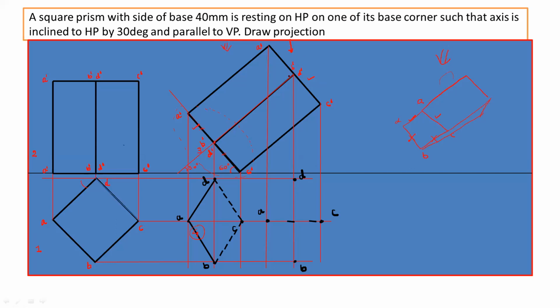That means all the edges are visible from the top view. So here AD, AB, BC and DC will be continuous thick lines, that means visible lines. So join these points by continuous thick line.